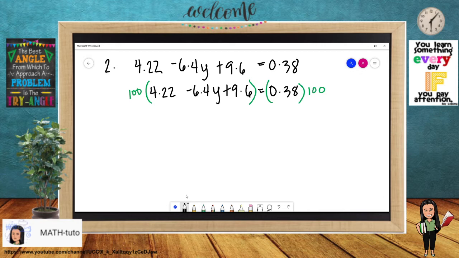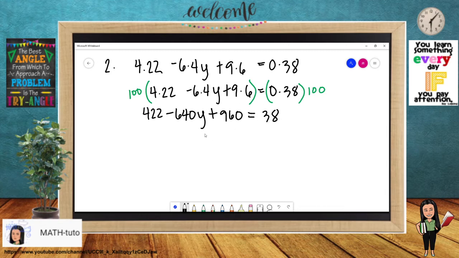By the way, hindi pwedeng isang beses nyo ilagay 100 tapos minultiply nyo na pareho. Okay? So, sa bawat side ng equation nyo siya ilalagay. So, this equation would become 422 minus 640y plus 960 equal to 38. Okay?